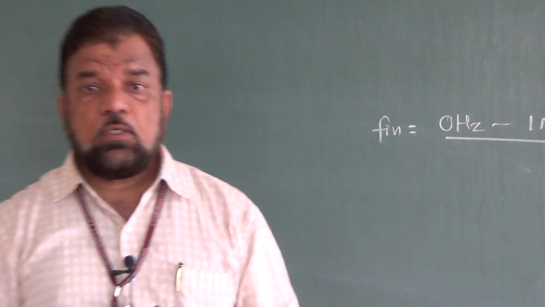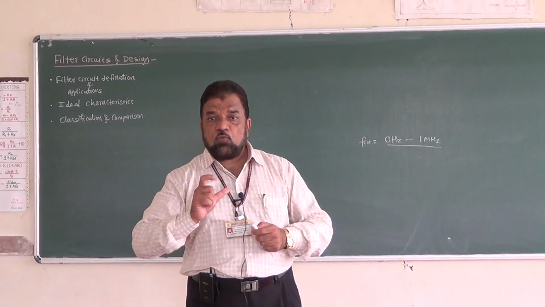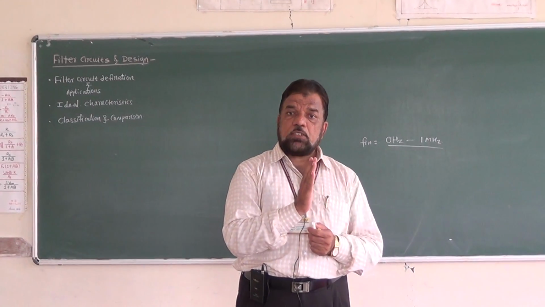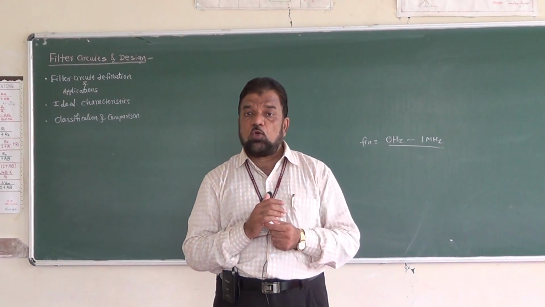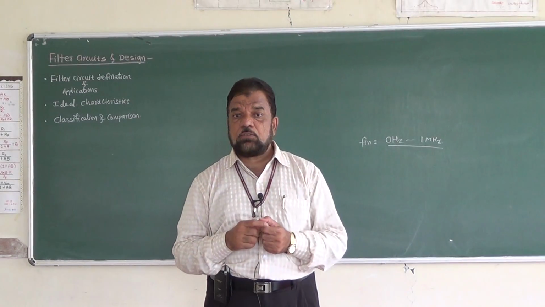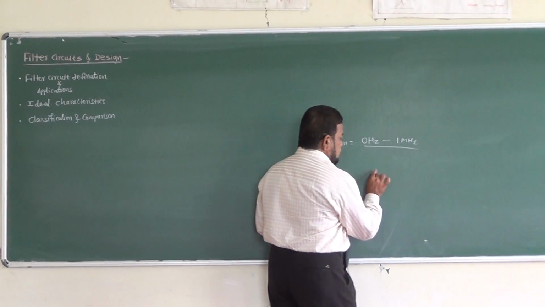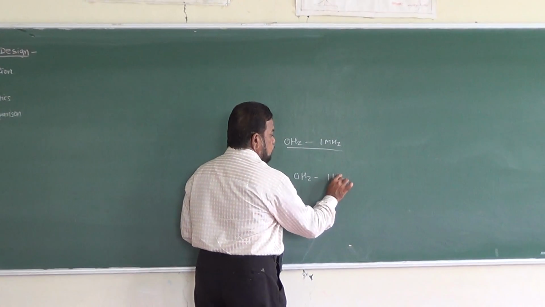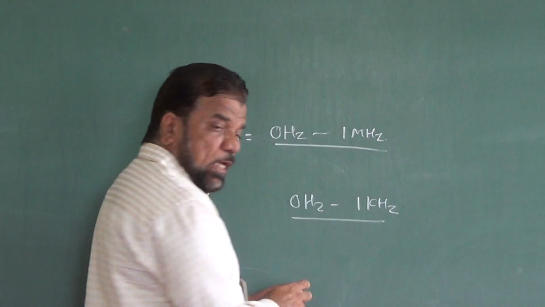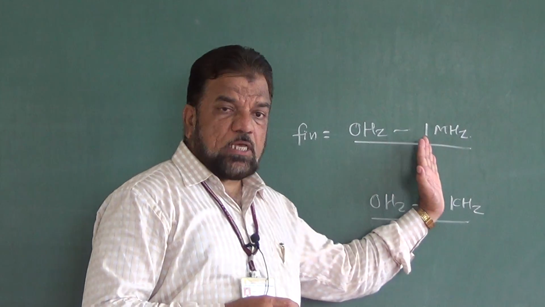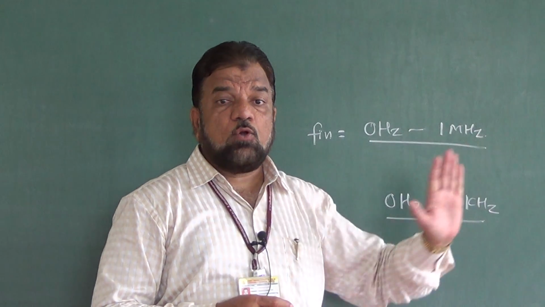Now, if I want transmission of a signal from 0 Hz, that is DC, to say 1 kilohertz, that means in my application what I need is the signal from 0 Hz to 1 kilohertz only. In other words, the frequencies above 1 kilohertz, I don't need.